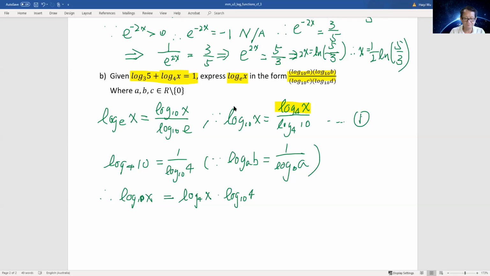So our log base e of x equals log base 10 of x, which is log base 4 of x times, in a bracket, log base 10 of 4 divided by log base 10 of 4. Sorry, not 4.